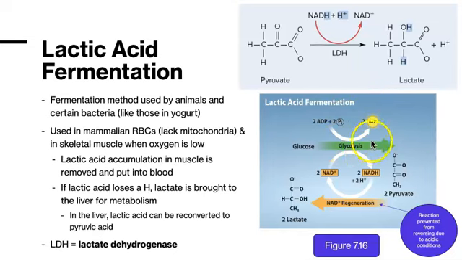Of course, glycolysis is going on here, giving us our NADH and our pyruvate, but we are going to convert that pyruvate utilizing an enzyme known as lactate dehydrogenase over to lactate. Now this usually is a reversible reaction, but it's prevented from going into reverse due to acidic conditions.